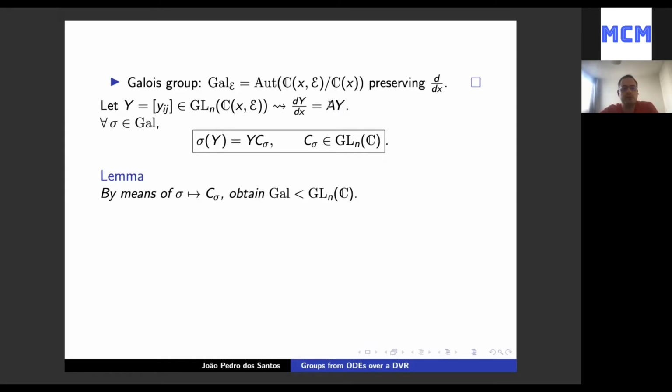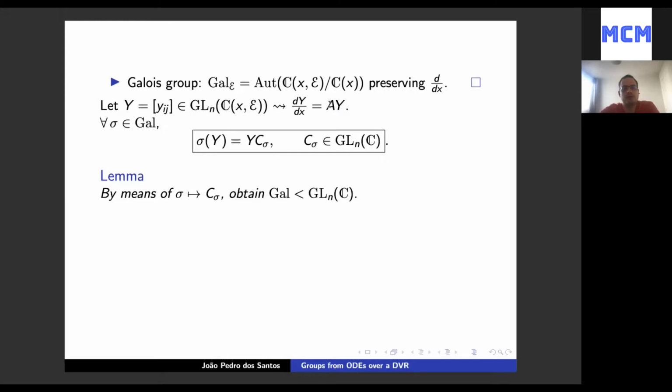So you get this map, sigma goes to C_sigma, and you obtain that your Galois group is a subgroup of GL_n(C).